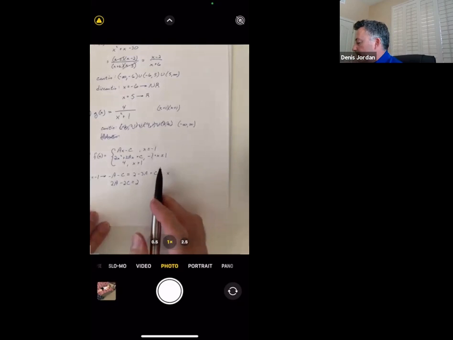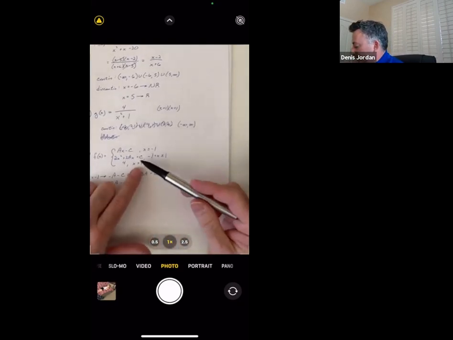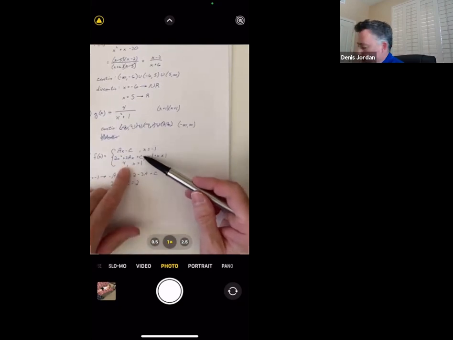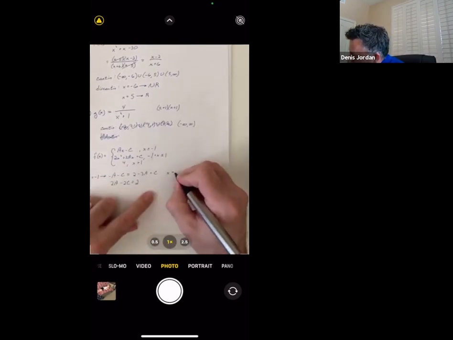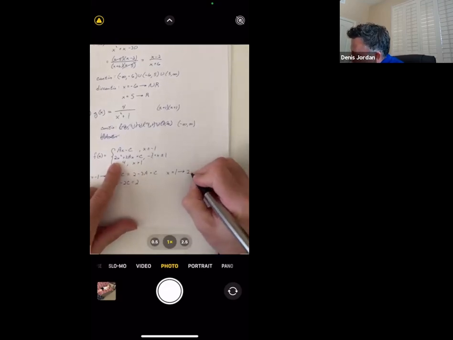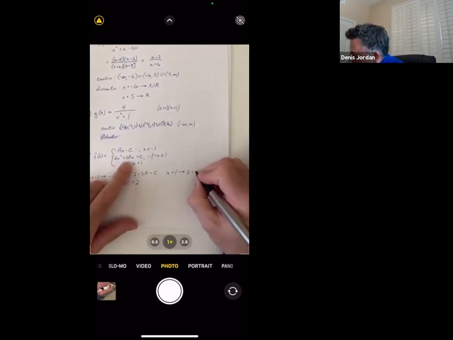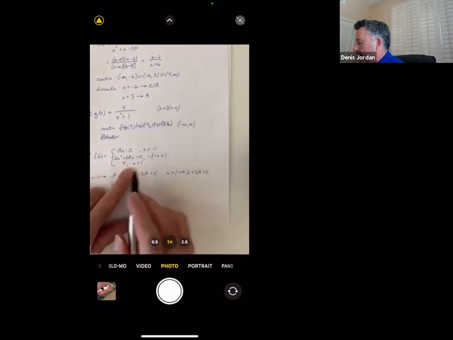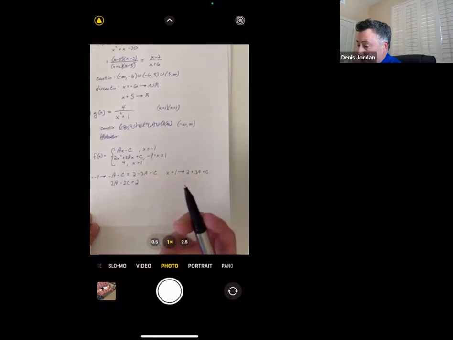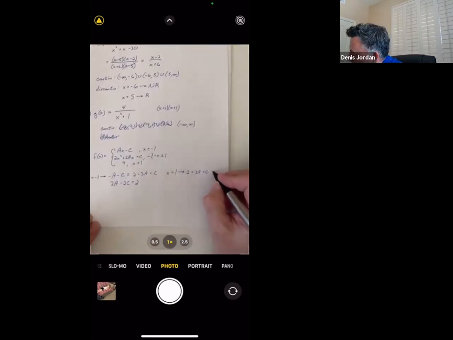Now you're going to do the same thing for the next pieces. At x equals +1, these two pieces still need to connect together. So 2 plus 3A plus C. And then on the last one, don't panic because there's no X. It just means there's no X, so it just stays as 4.